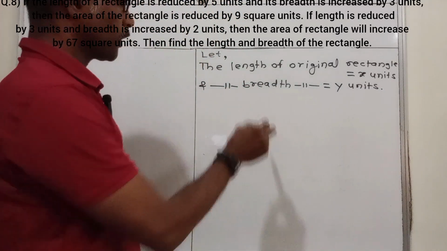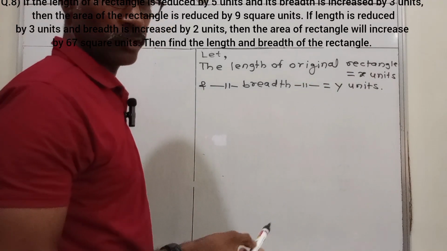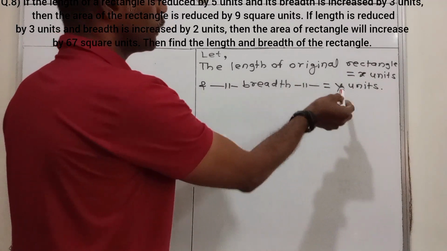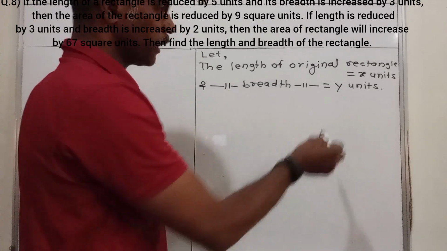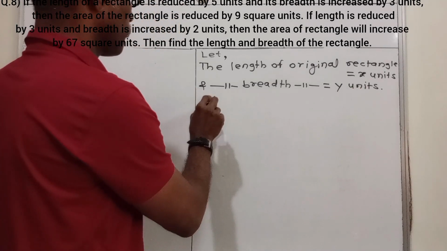Did you get it? The length of original rectangle is equal to x units and the breadth of original rectangle is equal to y units.